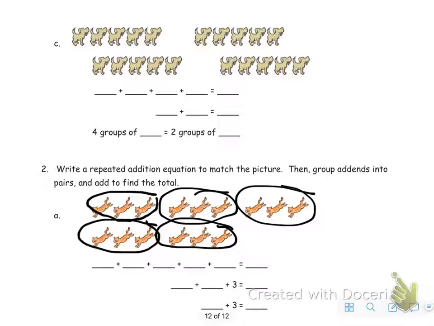And then each of these groups is obviously 3. So I'm going to come in here, I'm going to go 3, 3, 3, 3, and 3. And I happen to know that 5 3s is going to equal 15, okay?